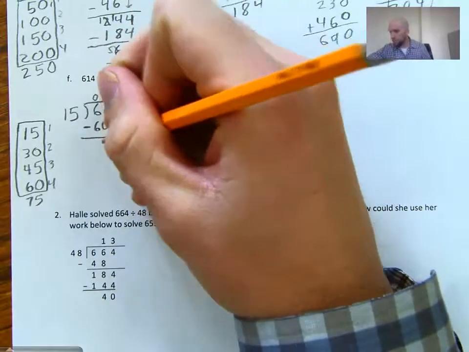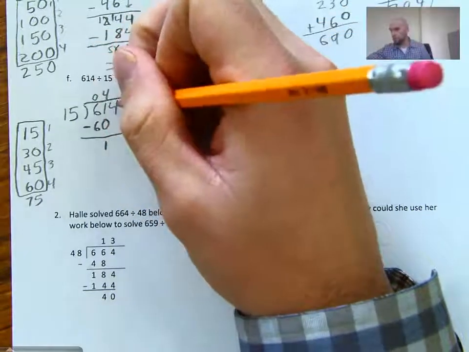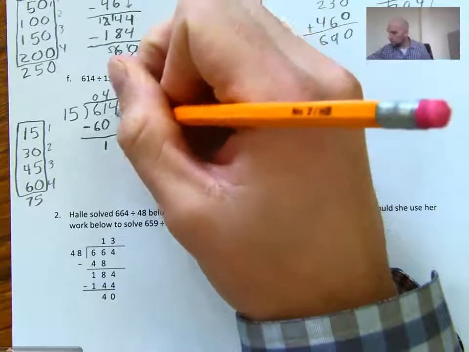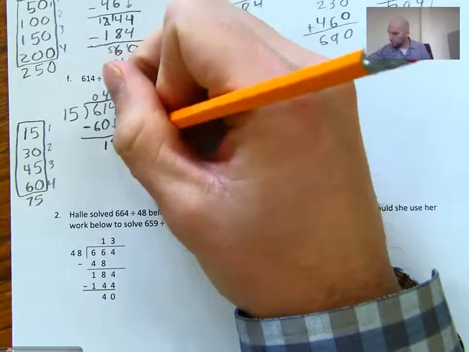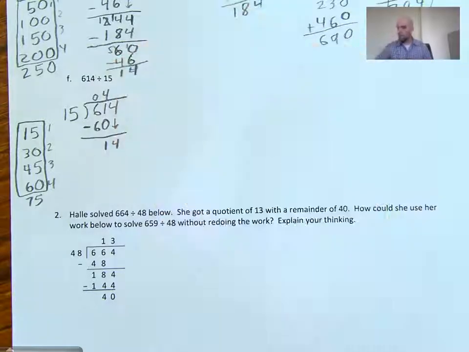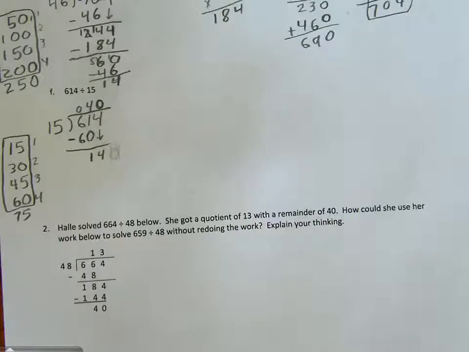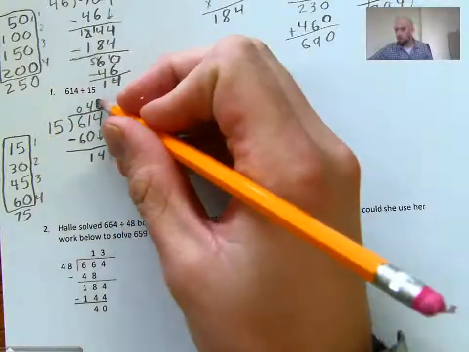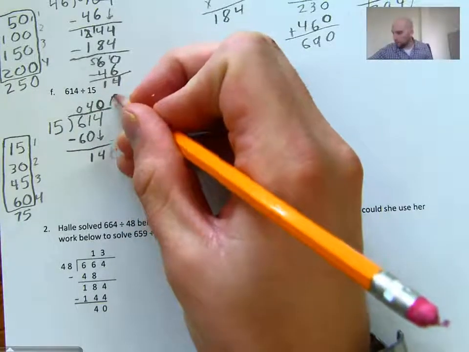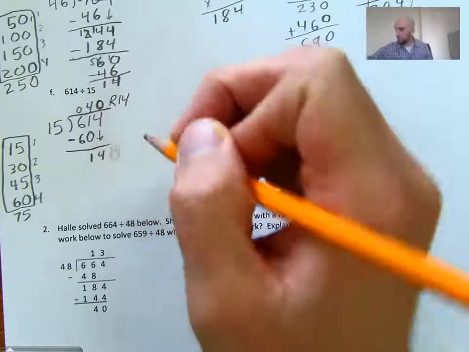You have 1. 15 can't go into 1. And we bring down our 4. And that 14 is going to become my remainder. 15 can't go into 14, that's 0. And then I have a remainder of 14.